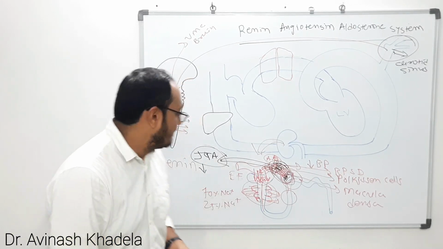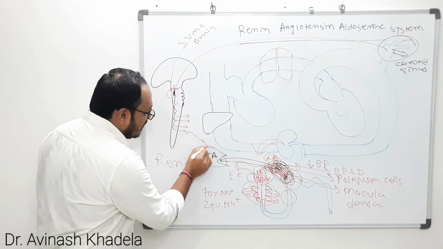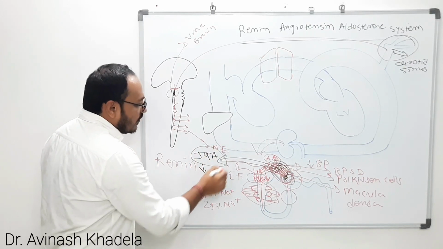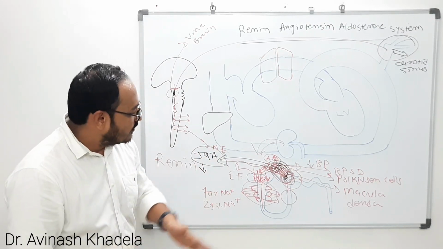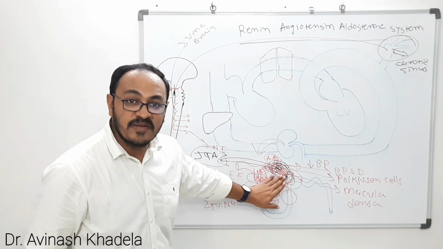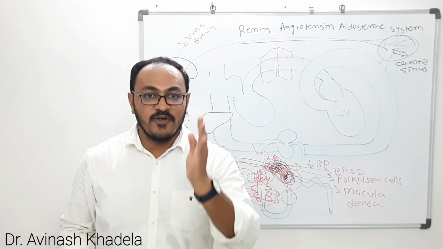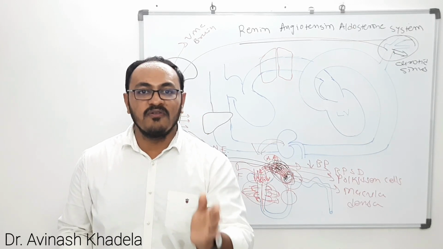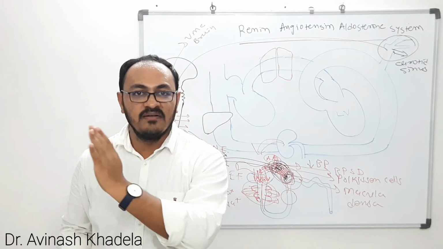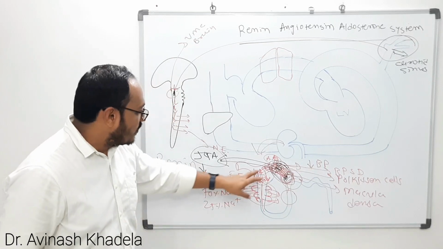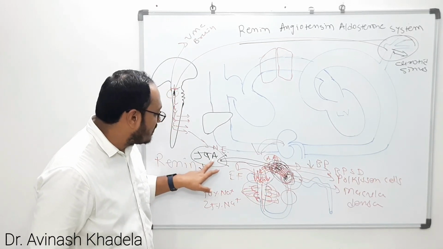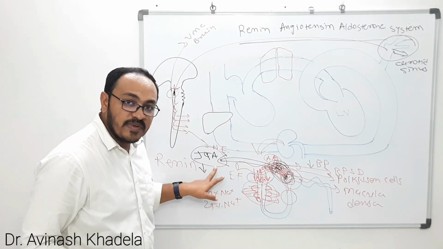norepinephrine. This norepinephrine will go directly to the juxtaglomerular apparatus, where the beta 1 receptor is present, and we all know that norepinephrine is the hormone for the sympathetic receptor, which is the beta 1 receptor. So here in this juxtaglomerular apparatus, the beta 1 receptor is present.